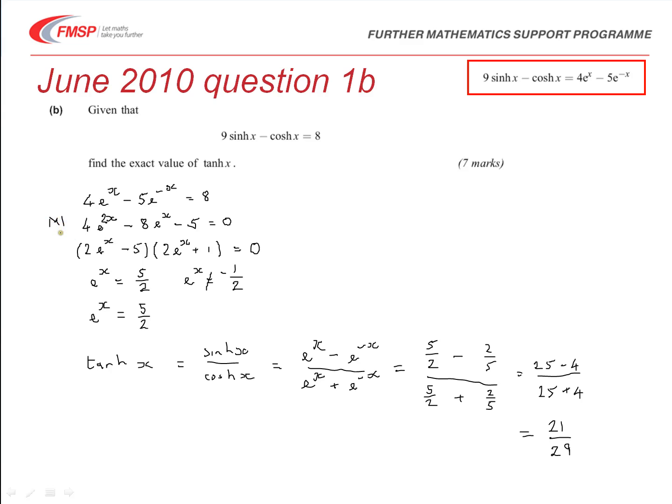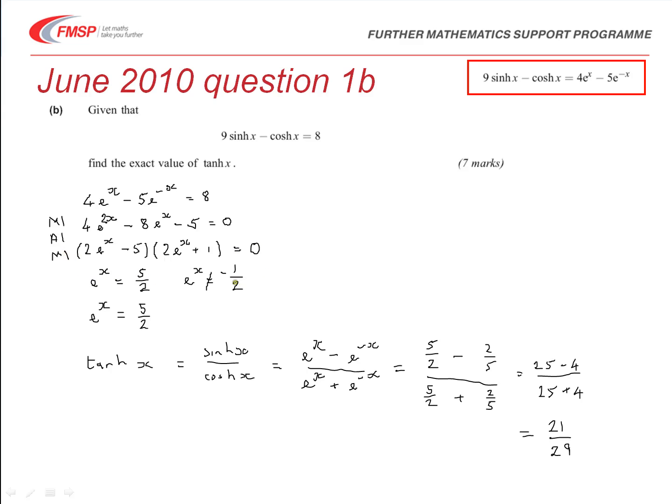And then ending up with this quadratic being the correct quadratic, that gives you an accuracy mark as well. Factorising this, or any other suitable method, will give you another method mark.